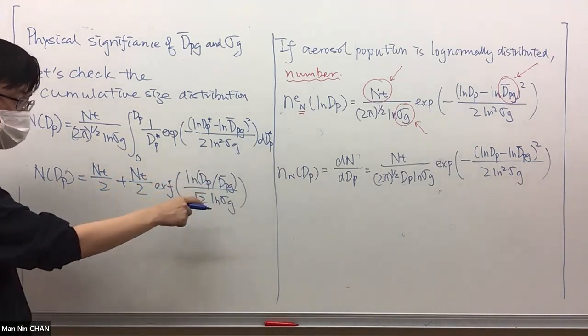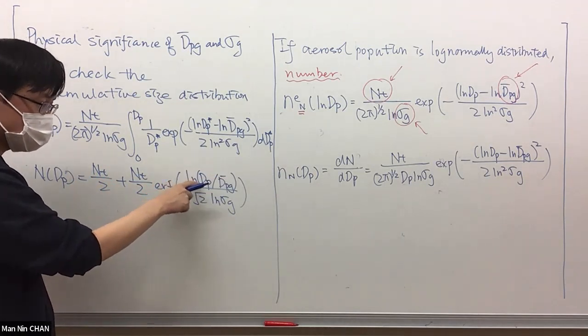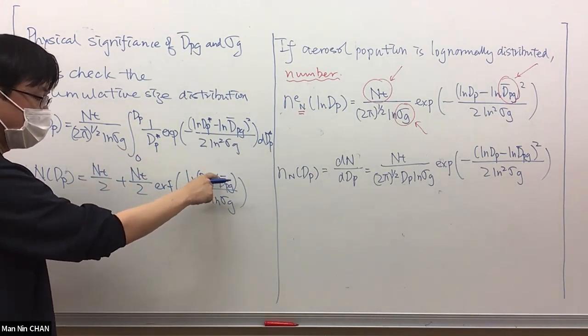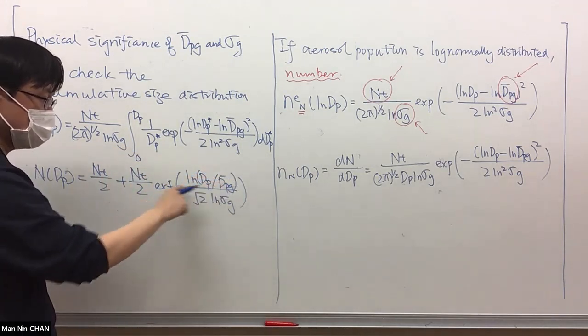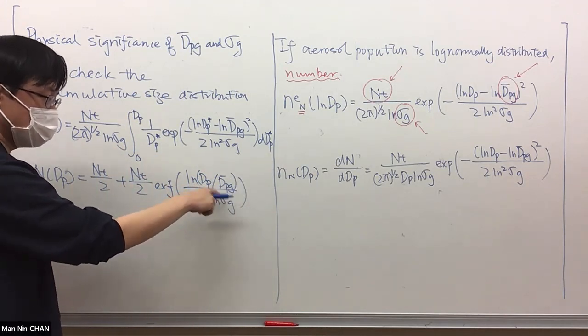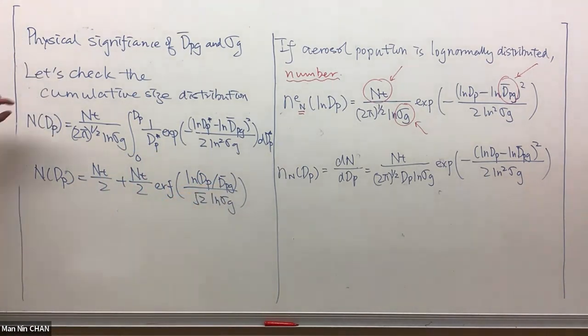It depends on the natural log of dp, the particle size that we are interested in, divided by the bar dpg, divided by the square root of 2 times the natural log of sigma g. So this is called the cumulative size distribution function, N(dp). So you get this function here.